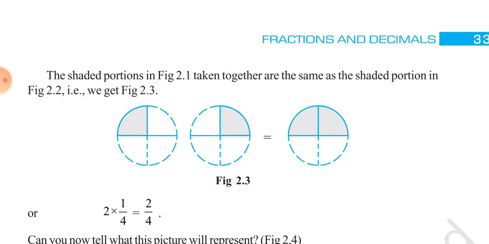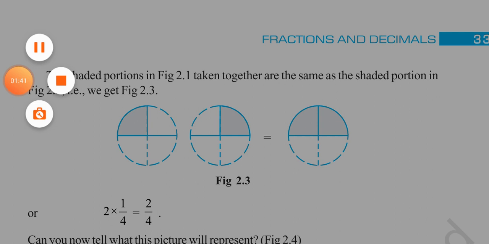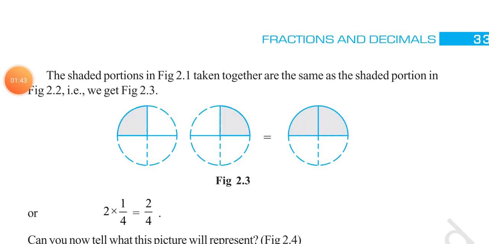Two circles we have taken, we have divided both the circles in 4 equal parts and we have shaded one part. So students, each shaded part in one circle shows 1/4 fraction of the whole circle.